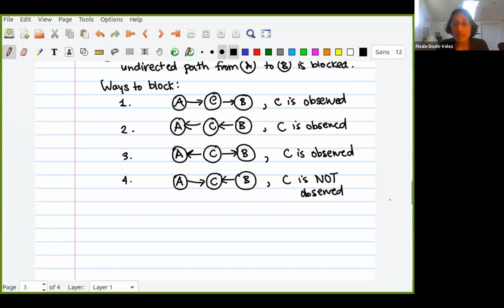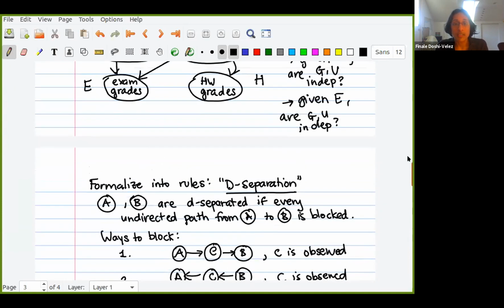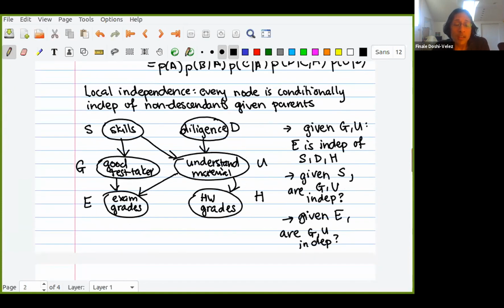So if you have an A and a B, you have to check now for any path from A to B. For every path, it needs to be blocked. So again, I'm going back to this simple example. If I said that given only G, is E independent of S, then there is one path here that G blocks.